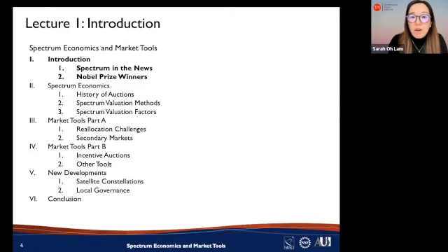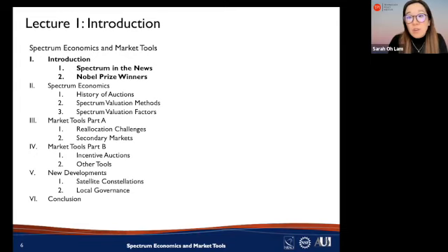And then in lecture 5, I'll talk about new developments, like things that spectrum regulators have to work out with low Earth orbit satellite constellations like Starlink or OneWeb. These are non-geosynchronous orbit satellites, which are lower in altitude than the geosynchronous satellites that are higher up and that deal with weather and GPS.